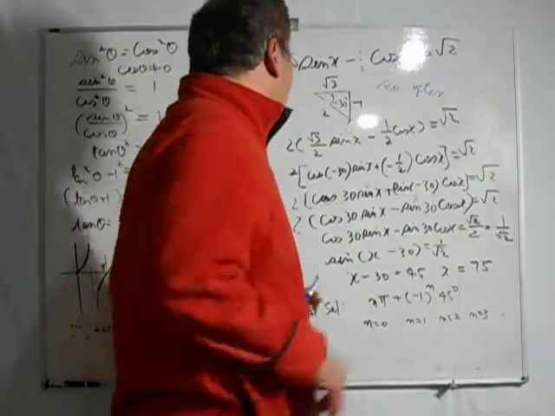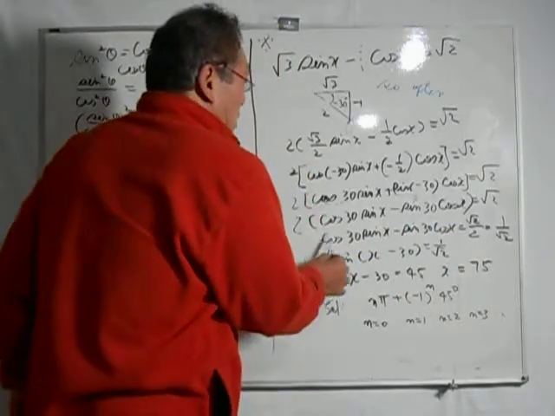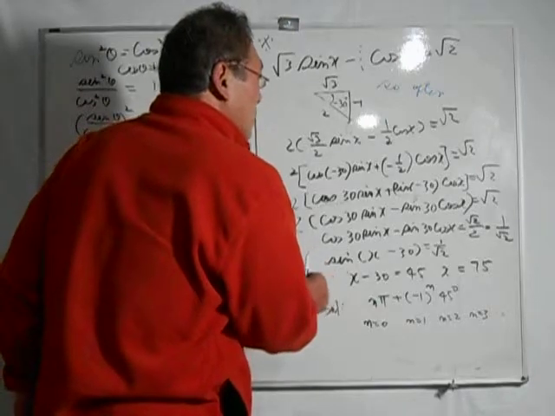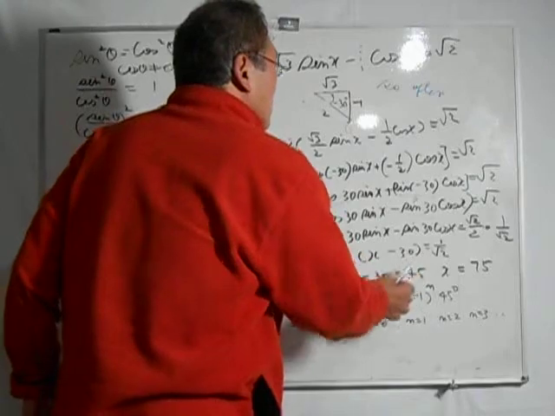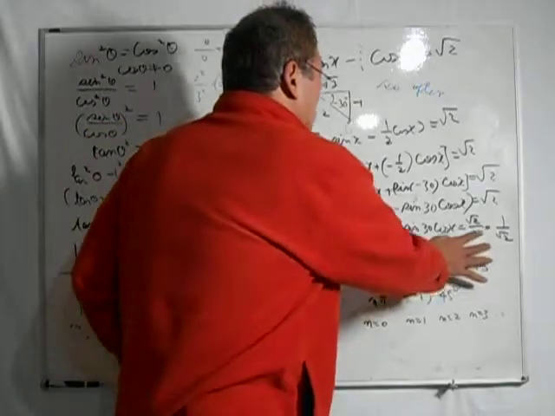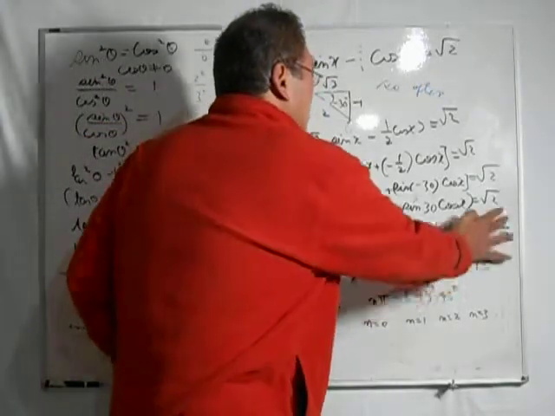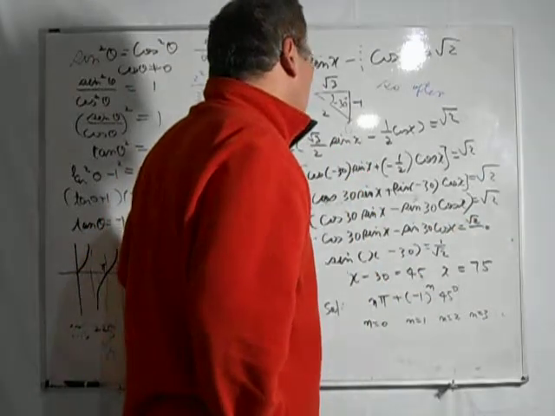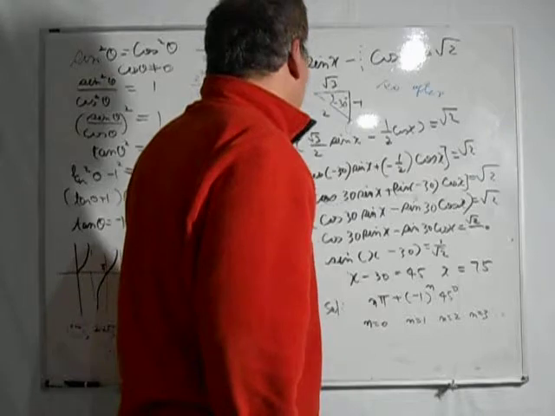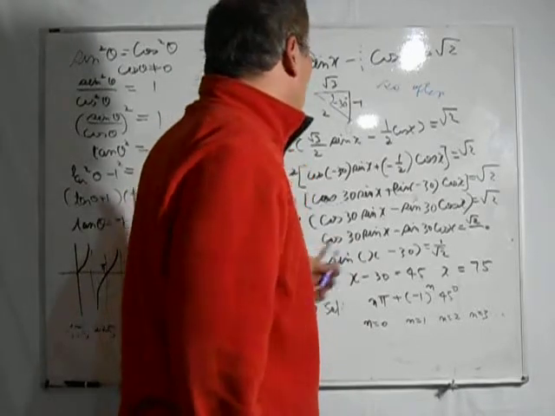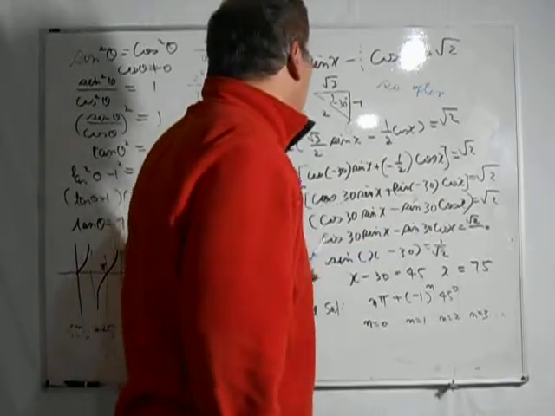So this is 2 times root 2 right there. Okay. I divide by root 2 each side.